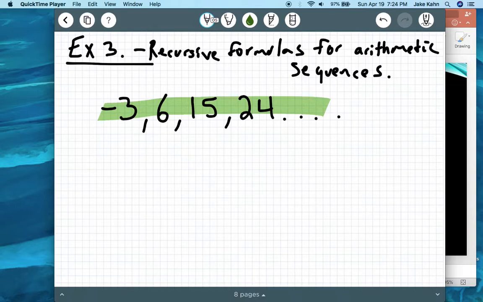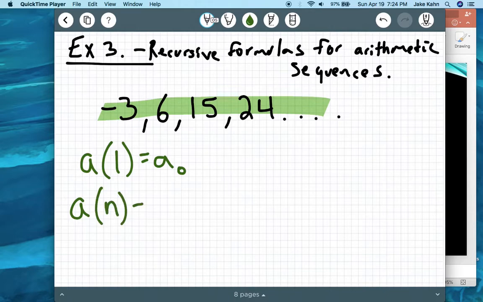On Khan Academy, you're going to fill in blanks for those 2 equations. The first equation reads a of 1 is equal to a sub naught. The second equation reads a of n is equal to a of n minus 1 plus d.